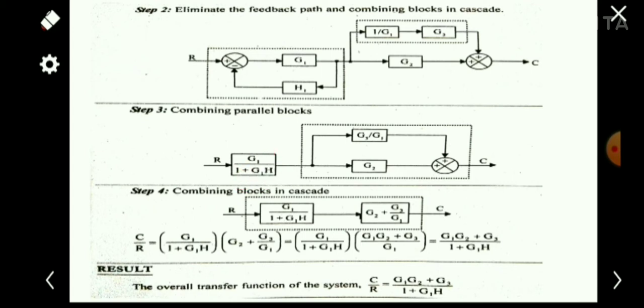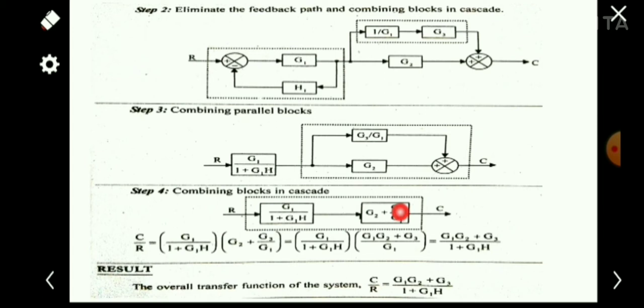And here it becomes G3 by G1, and both the directions of the two signals are the same, so we can simply add these two signals, that is G2 plus G3 by G1. We can replace this entire block with a simple block G2 plus G3 by G1.